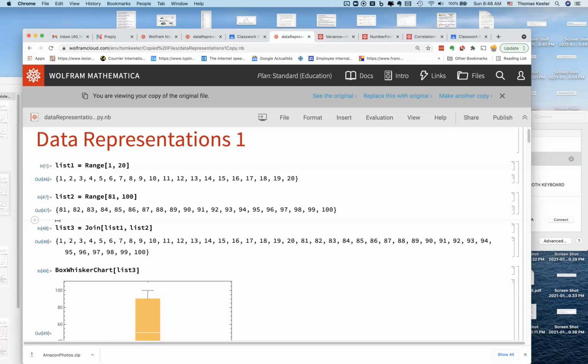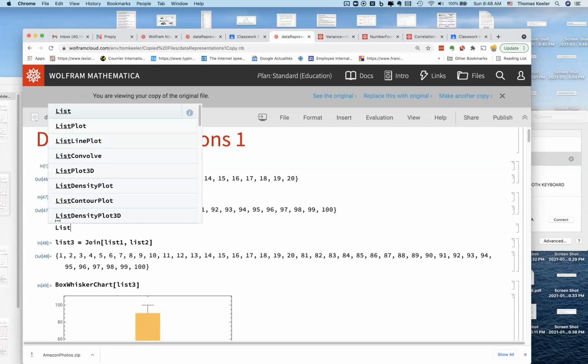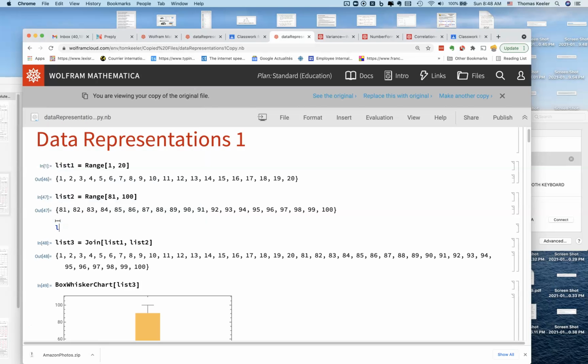So let's do list 3. We give that a lowercase l, and we'll say list 3 equals, and then let's just put in 40 values right in the middle.